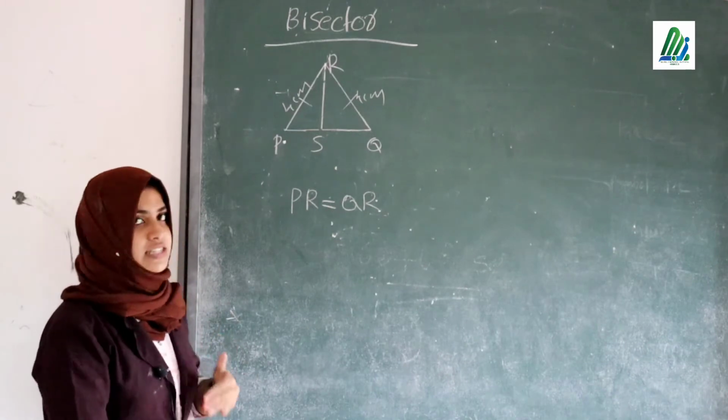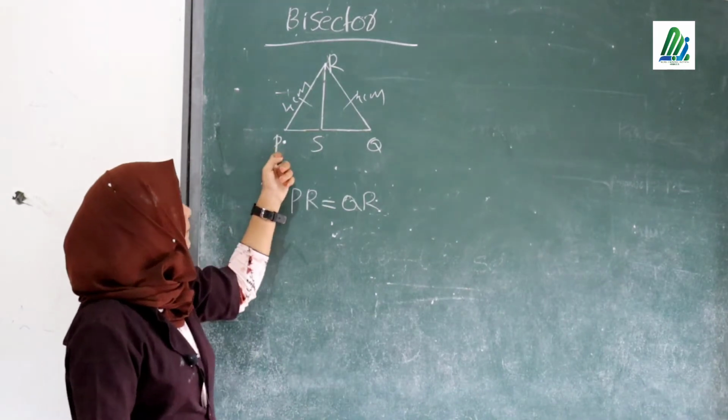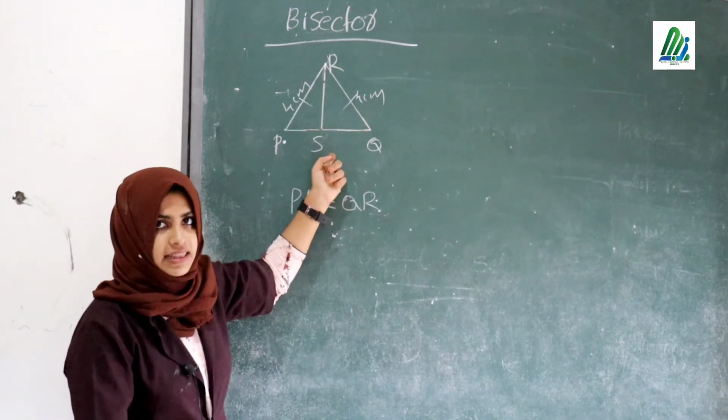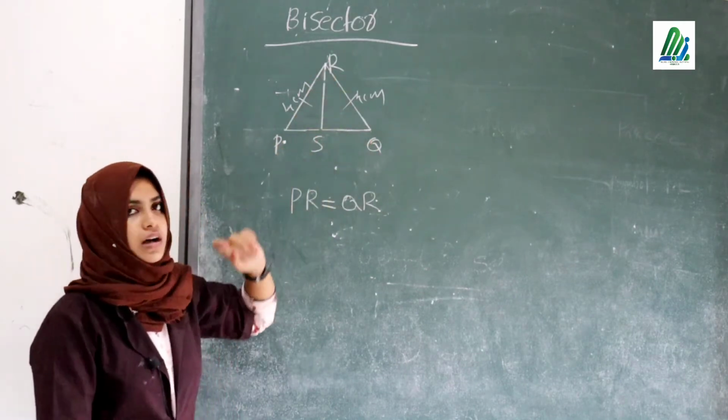And we have seen earlier that the sides and angles of triangle PRS and the sides and the angles of triangle QRS are equal.